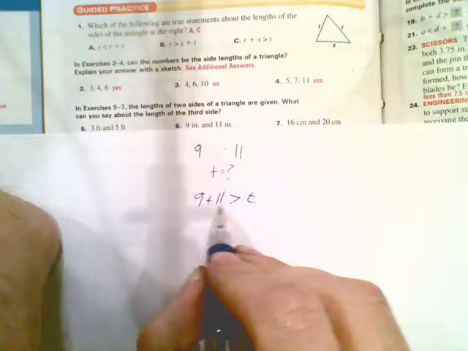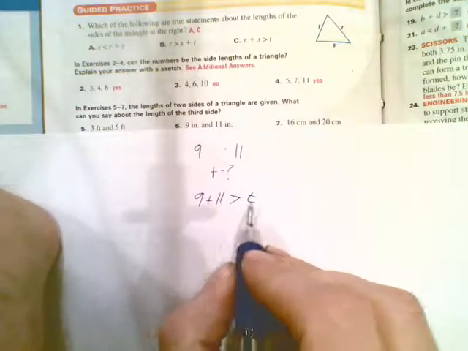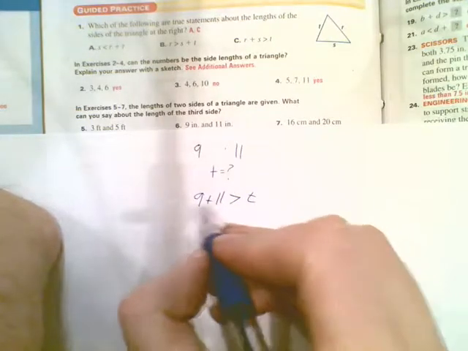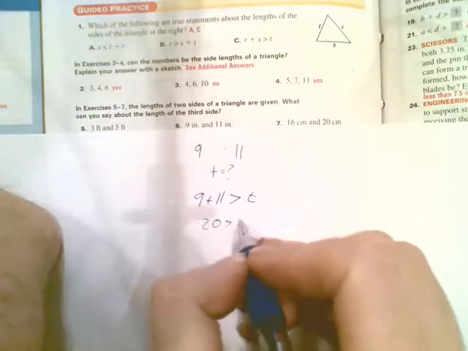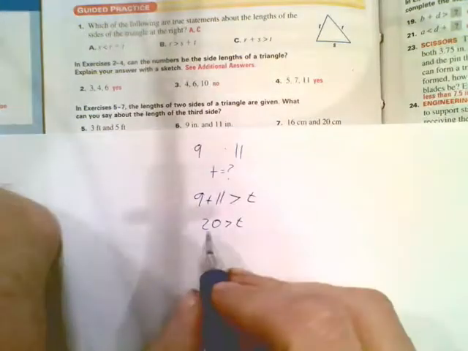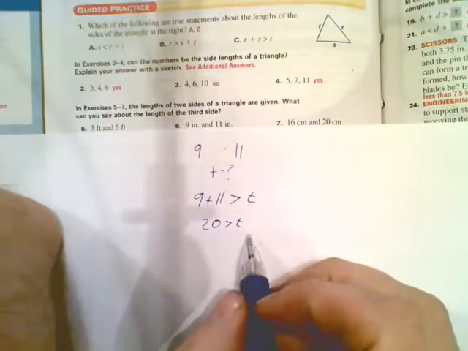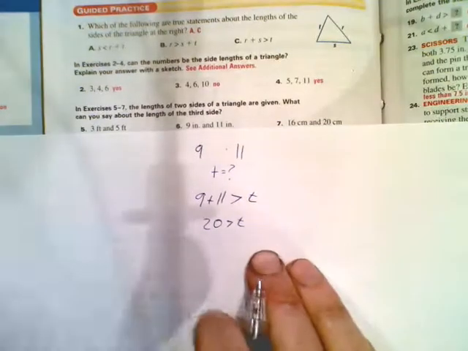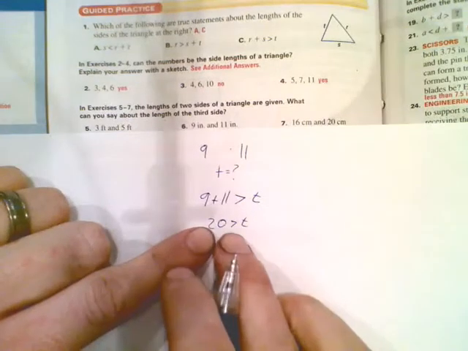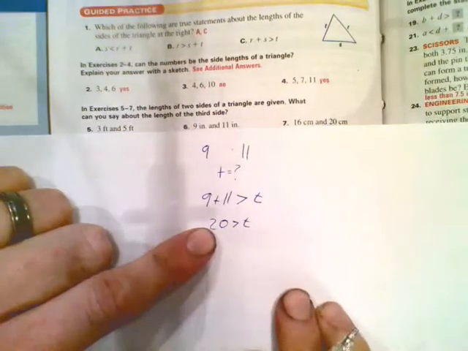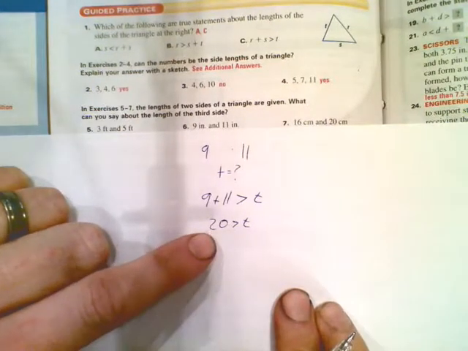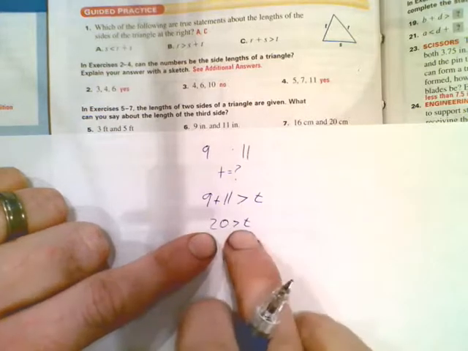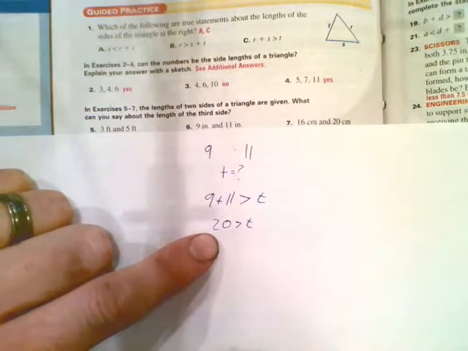These two sides have to be bigger than T. So let's do that math. 20 is greater than T. T has to be less than 20. So that third side has to be less than 20. That's the biggest it could be. If it was 20, it'd be too big. So the biggest it could be is 19 point whatever.